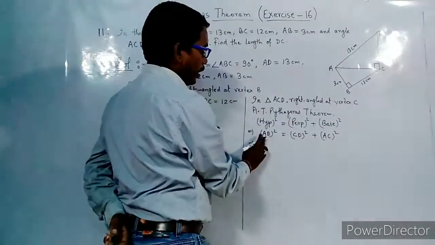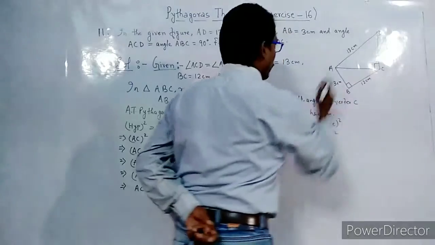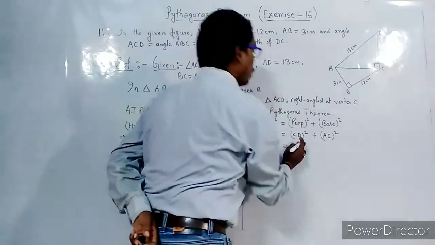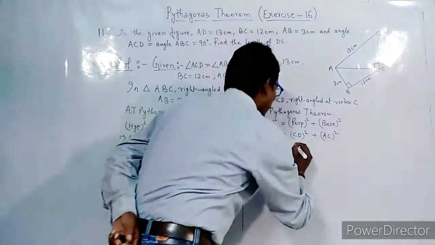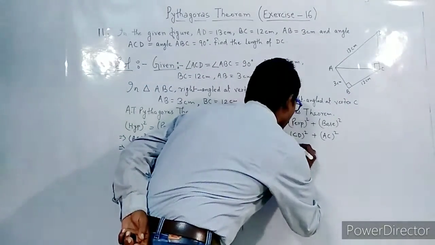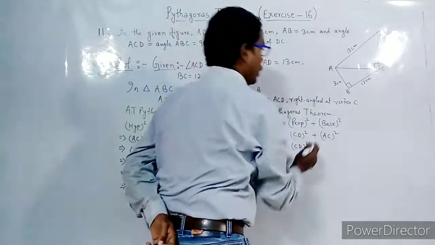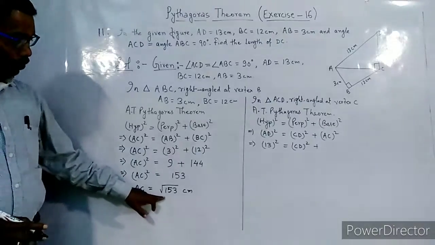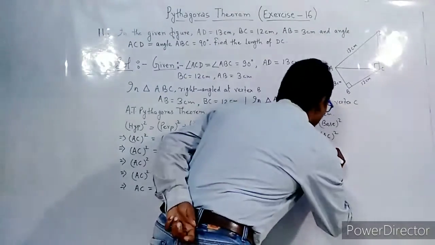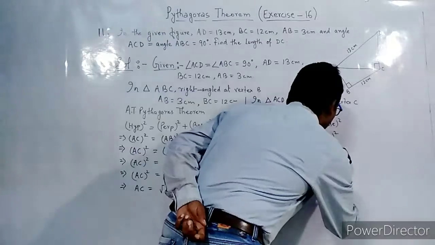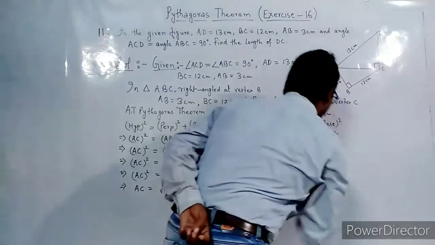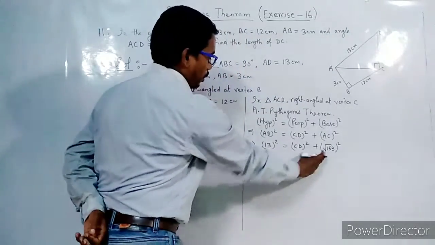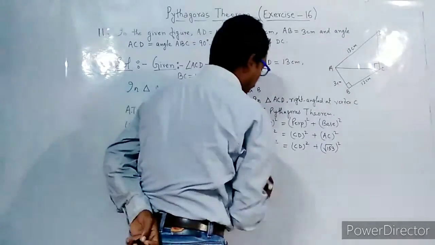Now we will write the values. AD, this one, 13 square equal to CD. CD is not given. We have to find CD. So CD square as it is plus AC. AC equal to root 153, we write root 153 square. Now bring this part to left side and 13 to right side.